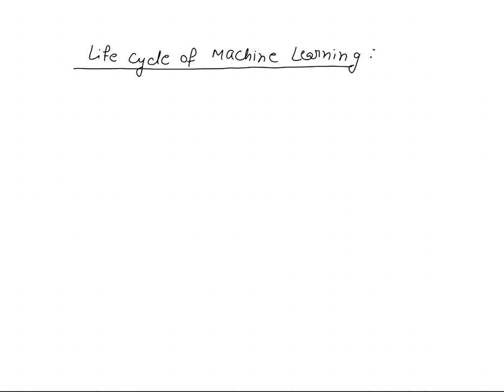So here we will draw. This is your step one. We call it business operation or problem identification. Okay, so in this, what task do you need to perform?